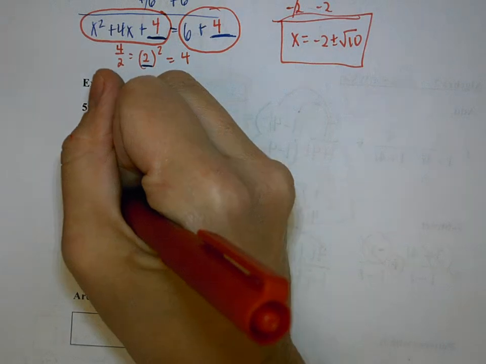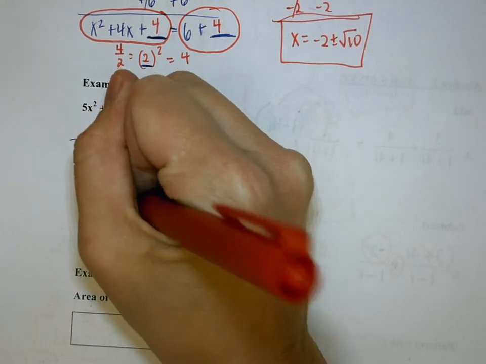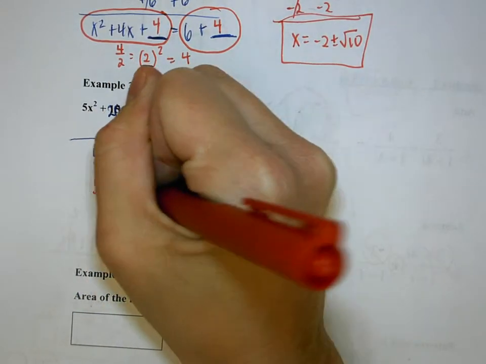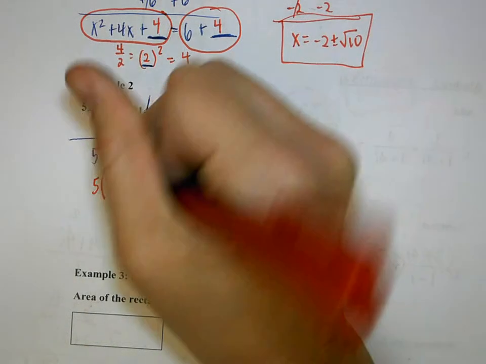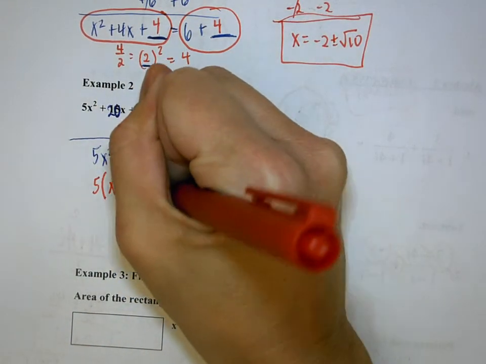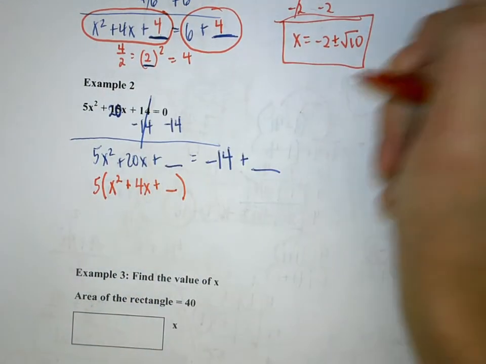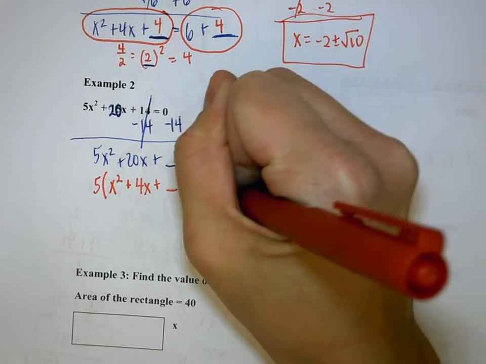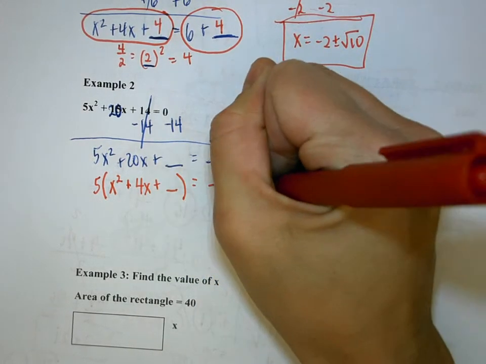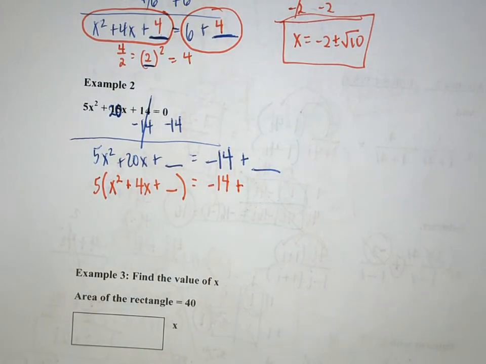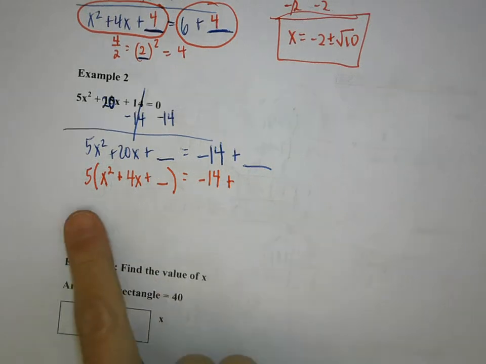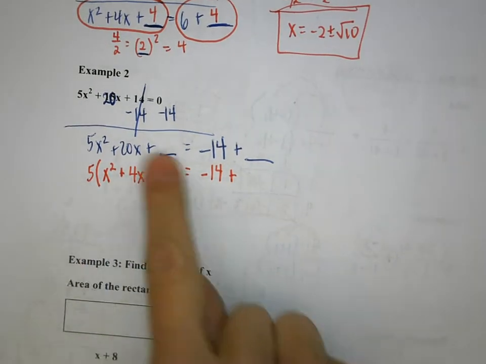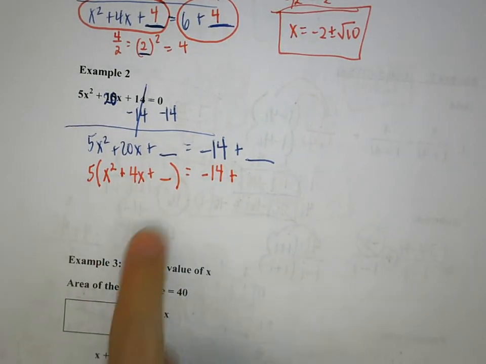So we're going to write this as 5, and then we have x squared plus what? 4x plus blank, close your parenthesis, equals negative 14 plus, now I want you guys to think about something. This blank is actually being multiplied by what? 5.